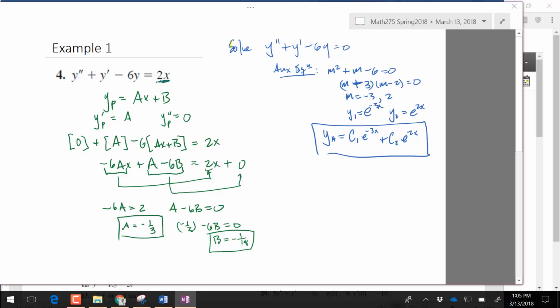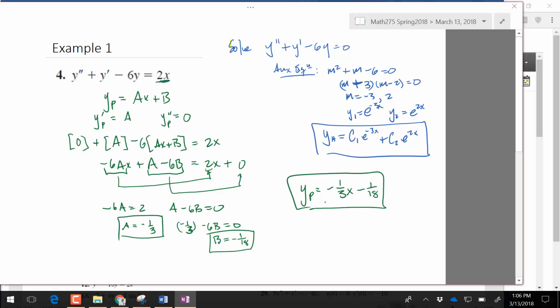Oh, this is a third, right? Yeah, 1/18. So your particular solution is going to be equal to negative 1/3 x minus 1/18.